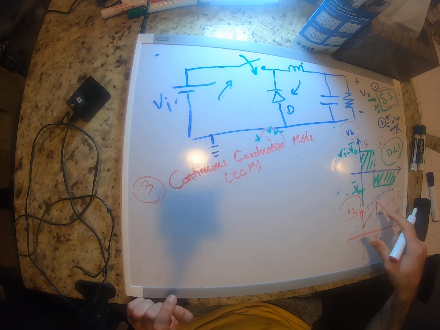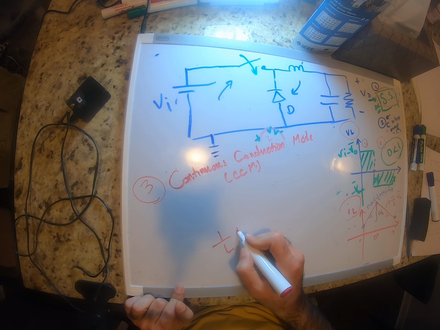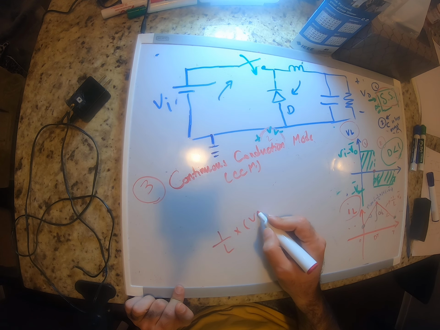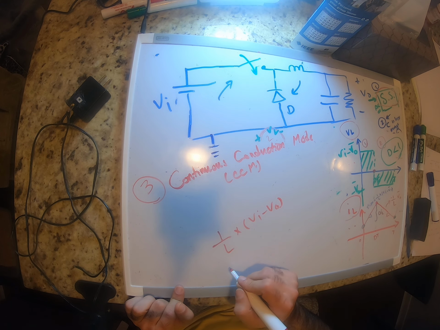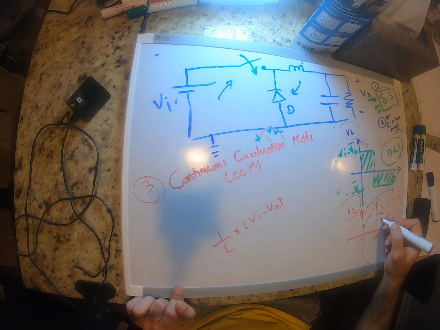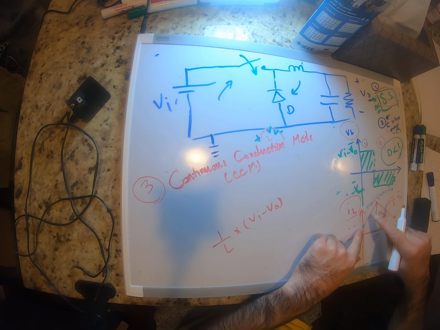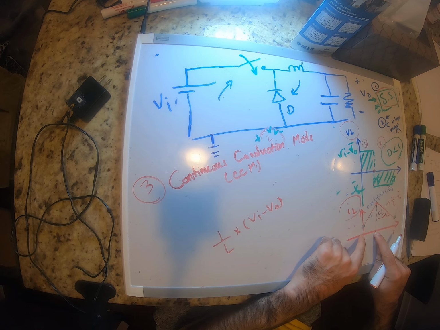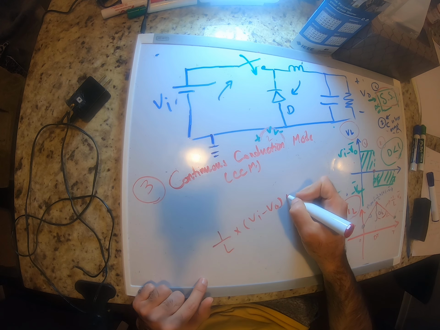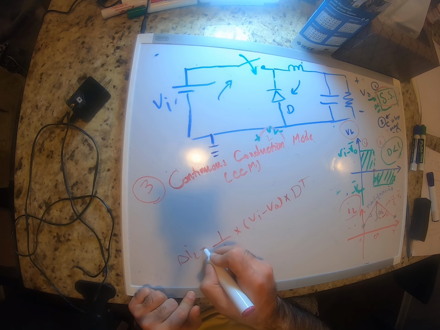What's the slope of this line? The slope of that line is 1 over L times (Vi minus Vo). So how can I find this current ripple? If we have the slope and we know the time, if I multiply the slope by the time, this is going to be our current ripple.